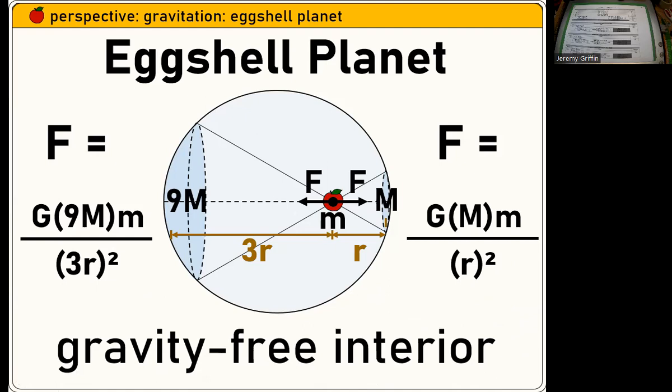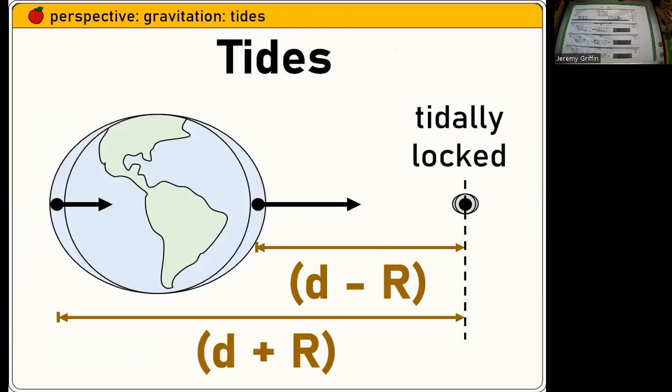You're halfway down to the center. Everything above you in elevation just cancels out, as if none of that exists, because it's like a series of shells. Then everything is just like a tiny planet beneath you in elevation, and you can treat it like that. Take it to the center, and you experience zero gravity.